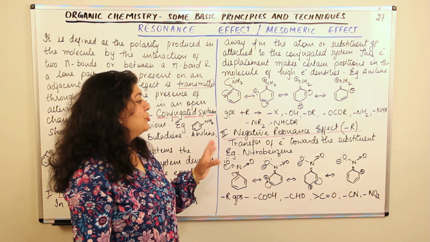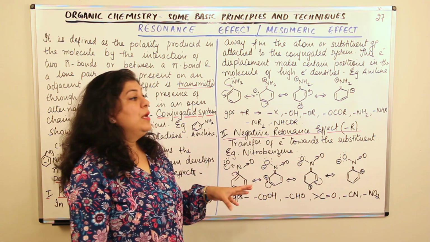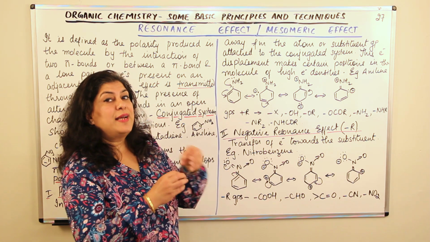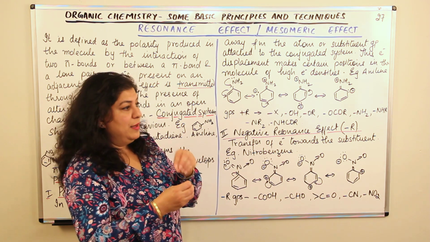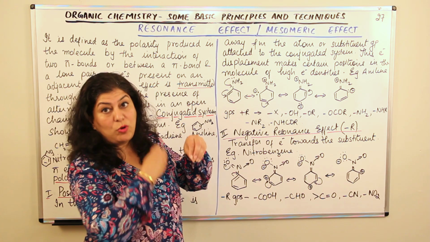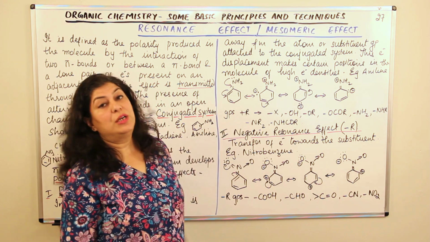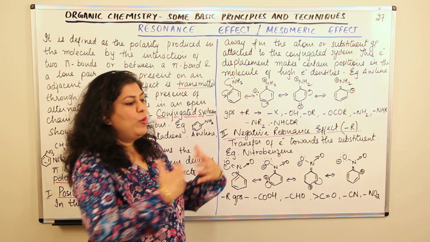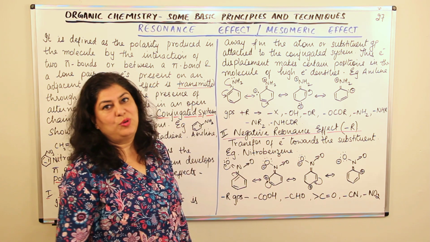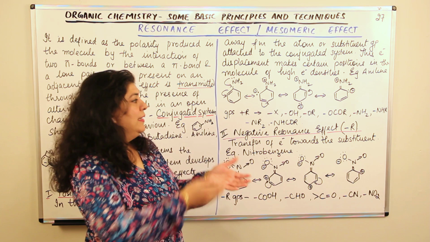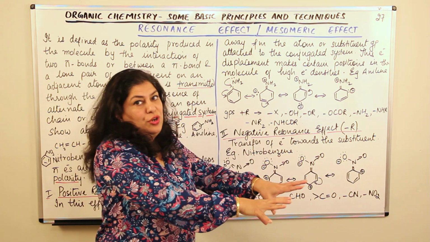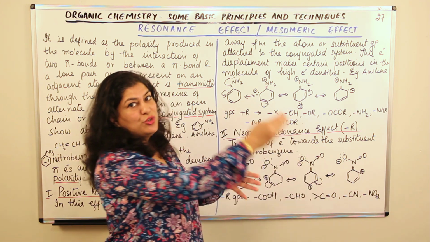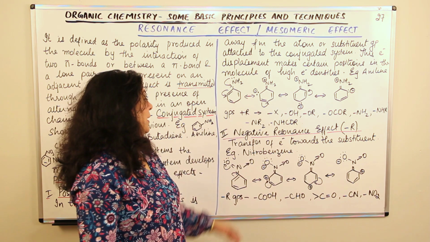So all of these groups or substituents are the ones where the atom that is directly attached to the carbon of the chain in the conjugated system has a lone pair of electrons to provide. And once that is done, the effect would be positive R, which means positive means addition of electrons. So negative charge will rotate.